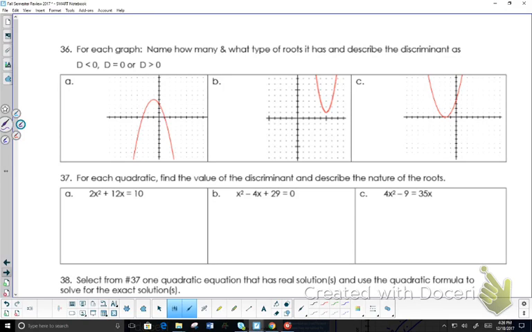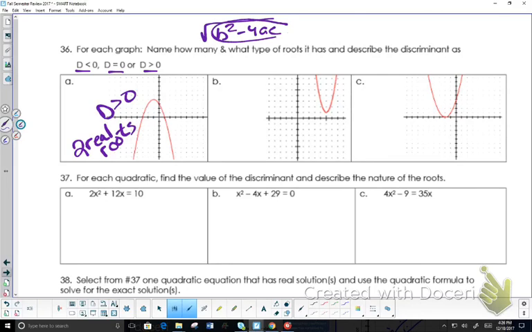For each graph, name what type of roots it has and describe the discriminant. So we're either going to say D is less than, greater than, or equal to 0. When D is greater than 0, you will have 2 roots. So this is an example where D is greater than 0 and you have 2 real roots. Okay? And this is using the discriminant, right? The discriminant is that thing that's b squared minus 4ac. It was just this part right here in the quadratic formula.